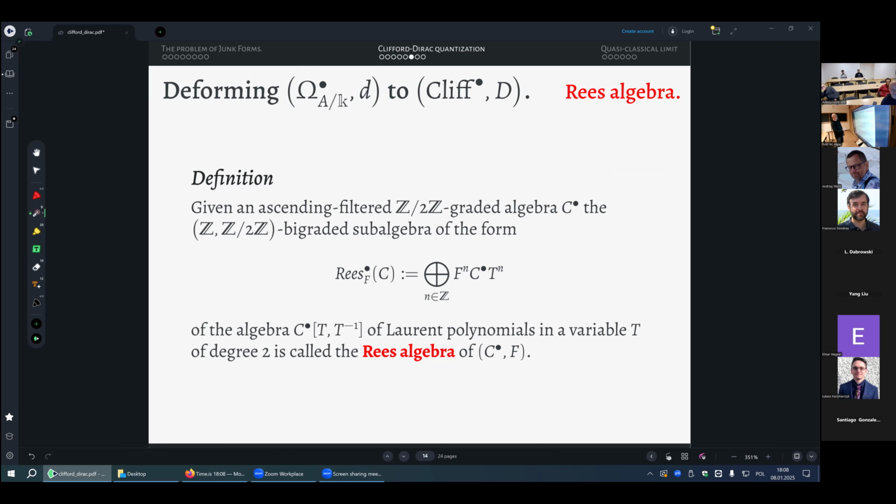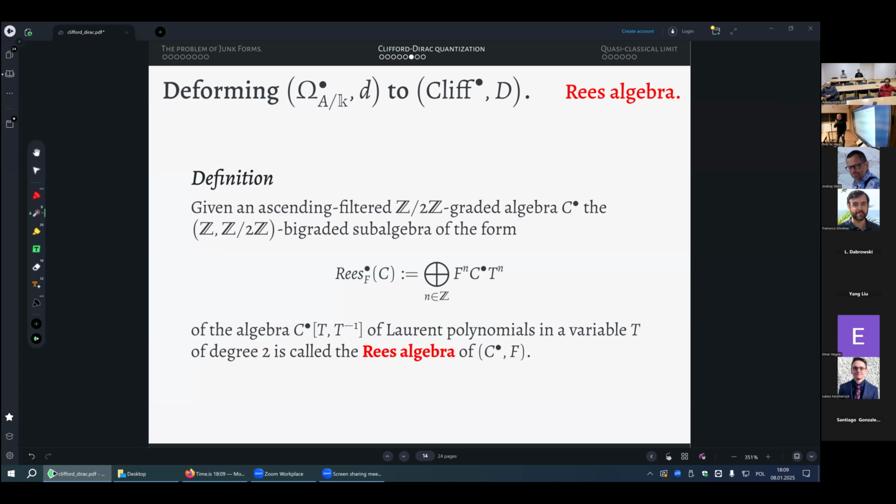So we start with an ascending filtered Z2-graded algebra C. It could have been a C-star algebra. It will be, of course, Clifford, but this is general. F is an ideal or something? What is F? Filtration.